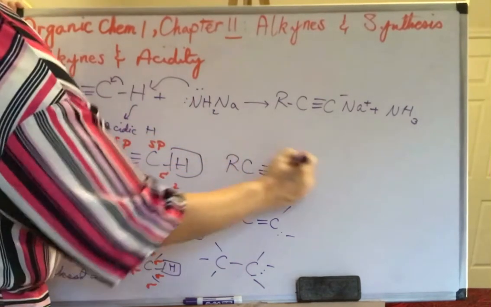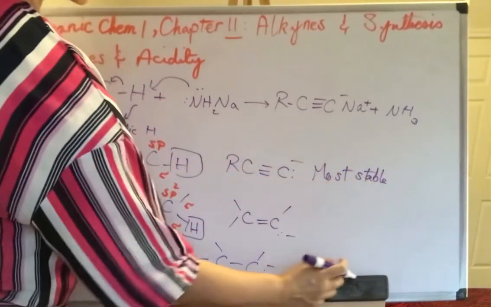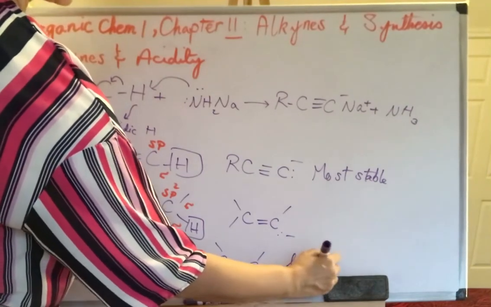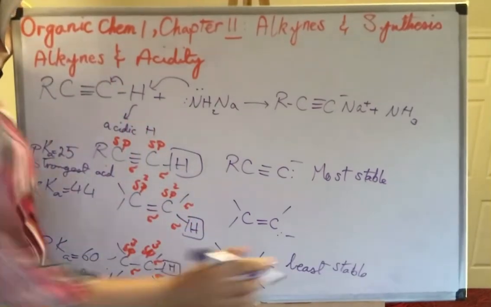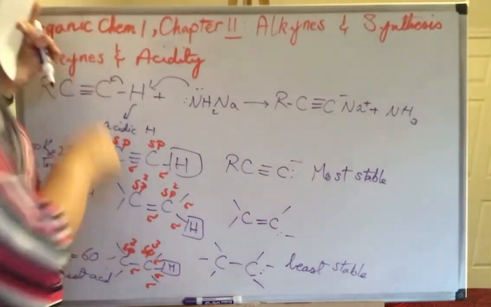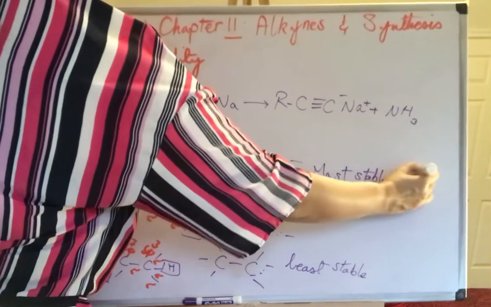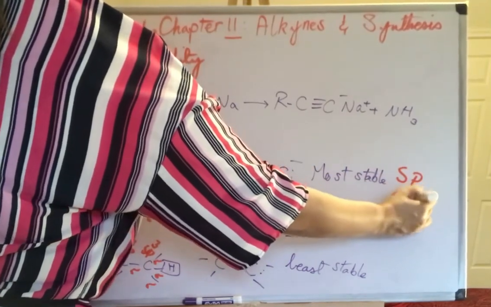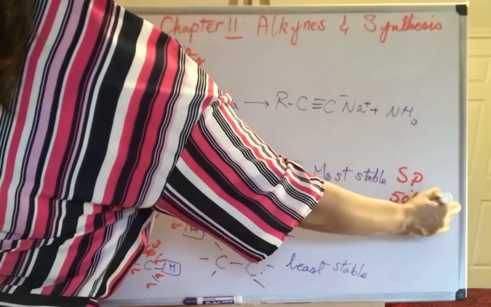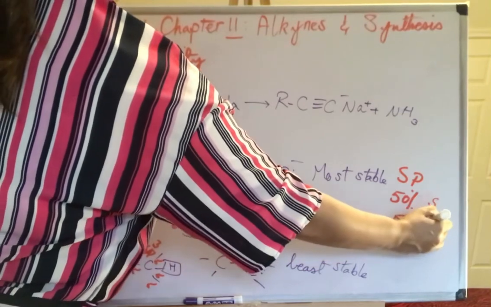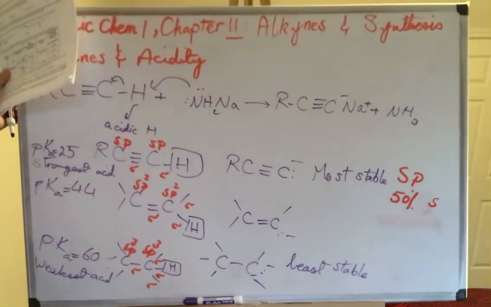Okay? So why? Because this is the most stable anion, and the last one is the least stable anion. The reason is that for an sp hybrid we have 50% S character, right? 1 to 1 means 50-50, and 50% P. Or let's just put the 50% S. We're just talking about S here.